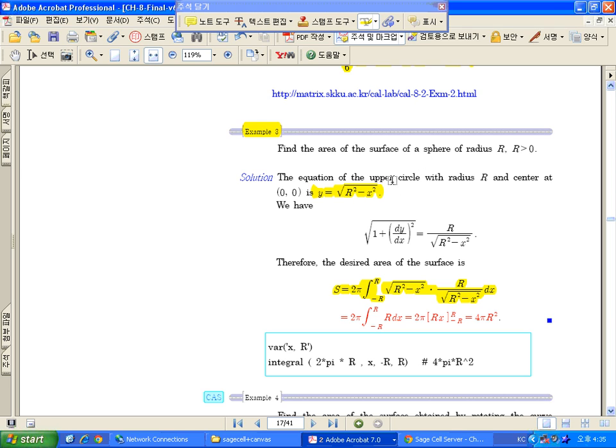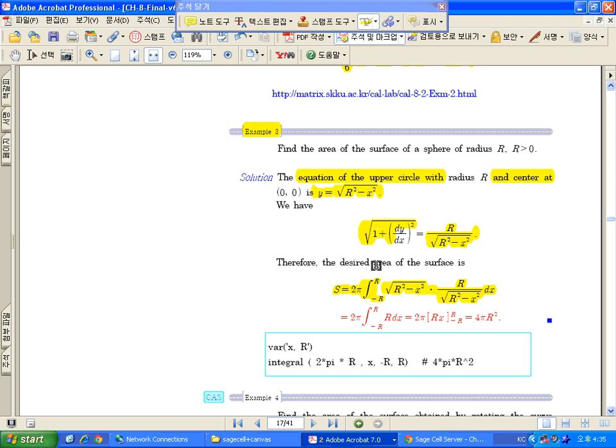In this case, the equation of the upper half circle with radius r and center at 0, 0 can be written in this way. Then we have the square root of 1 plus y prime squared equal to this.